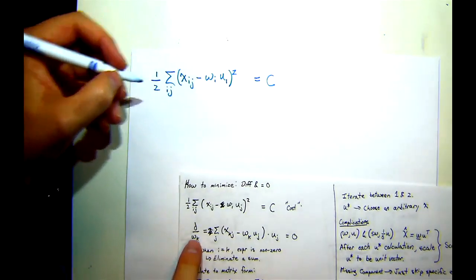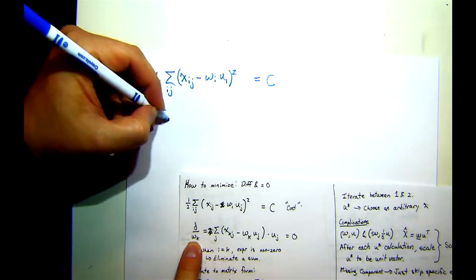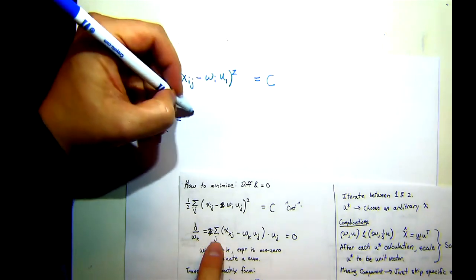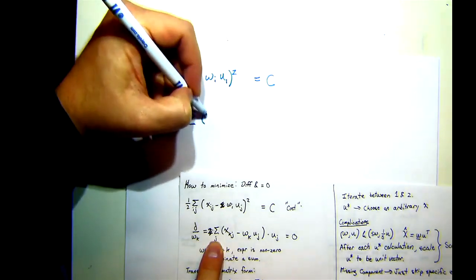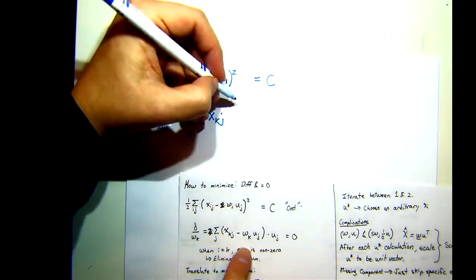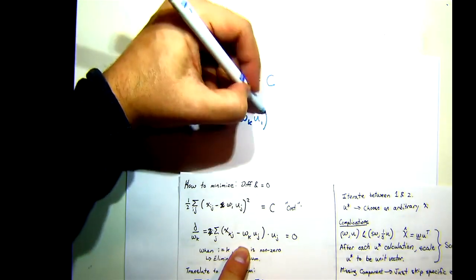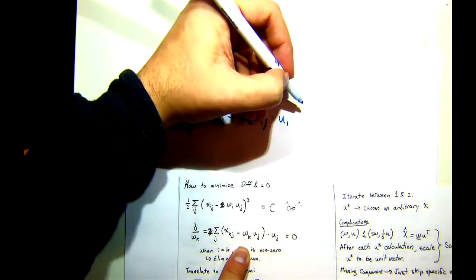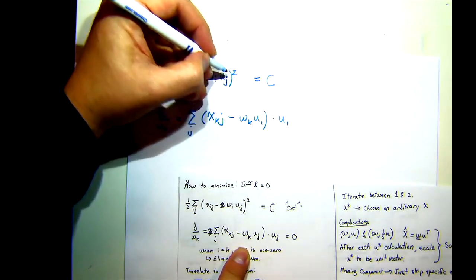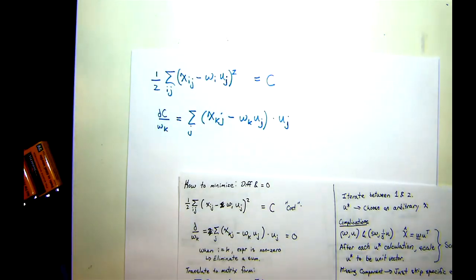Then if we look at the derivative of C with respect to an individual specific W, we end up with this: the sum over j of x_kj minus w_k u_1 times u_1. Oh, no, annoyingly, this is actually u_j. There's some frustration.